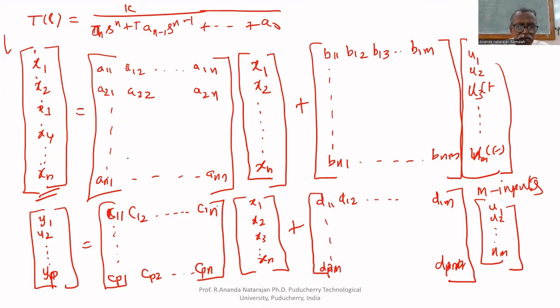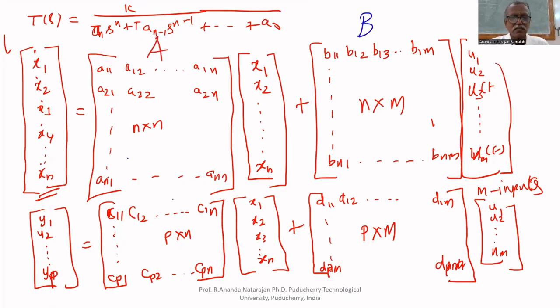What is the dimension of the C matrix? p by n. What is the dimension of D? p by m. What is the dimension of the state matrix? n by n. What is the dimension of B? n by m. So the dimension of the A matrix is n by n. This matrix is called the A matrix, this the B matrix, this the C matrix, and this the D matrix.